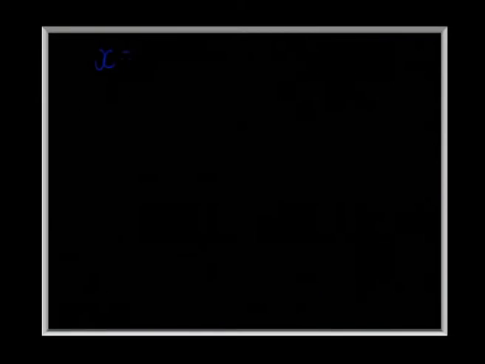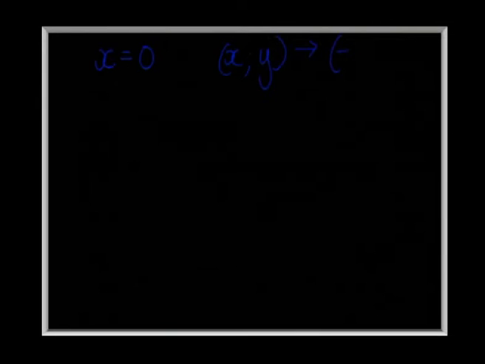Now if we reflect along the y-axis, it means that we are reflecting from one side to the other side. The x-axis is from bottom to top, the y-axis from one side to the other side. So now we need to reflect along the y-axis, which has the formula of x is equal to 0, which means the rule in transformations is going to be (x, y) becomes (negative x, y).